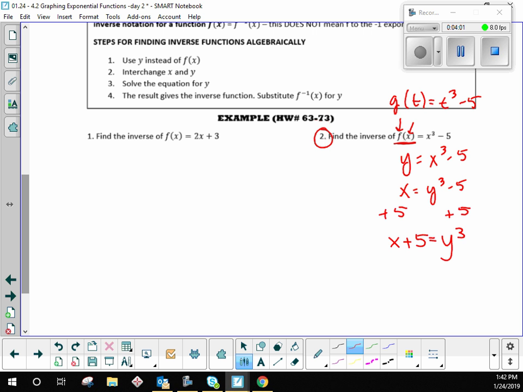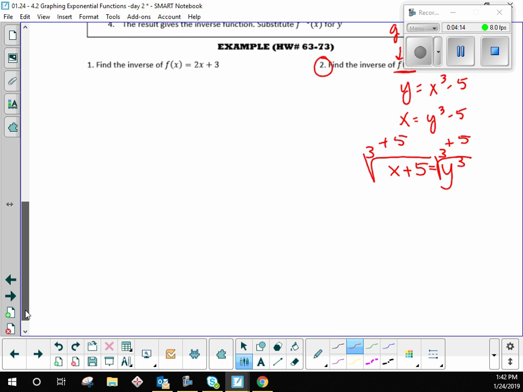And then from here, to get y by itself, what's the inverse of cubing something? Cube rooting it, right? That's how you would undo that. So I cube root both sides. This cube and this cube root cancel out, leaving me just y.